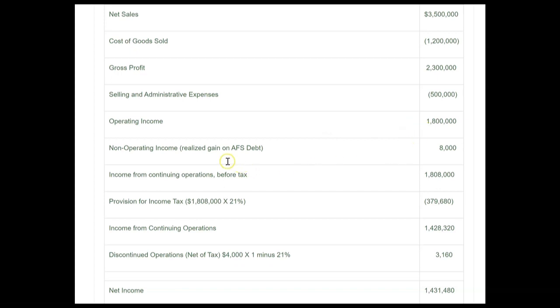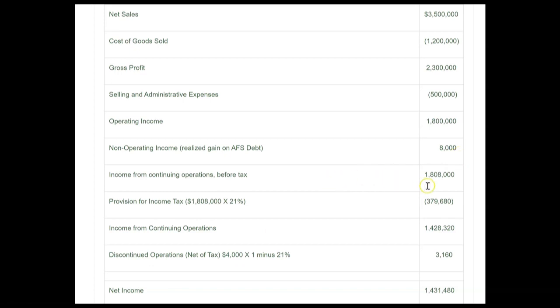Okay, now we have this realized gain on available for sale debt, $8,000. We said the available for sale debt securities were sold, resulting in an $8,000 realized gain. We're going to recognize that gain on the income statement, but in a non-operating income section. So all we had to do so far was to know that that $8,000 belongs in the net income figure.